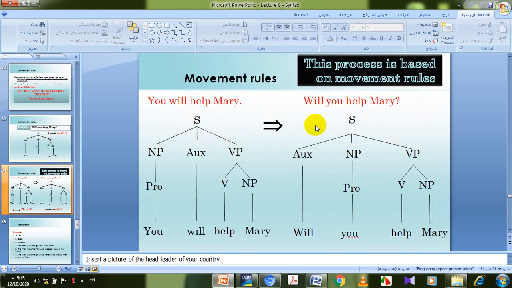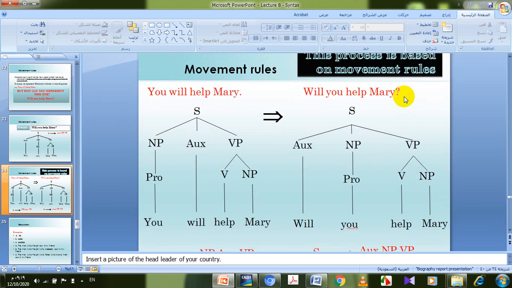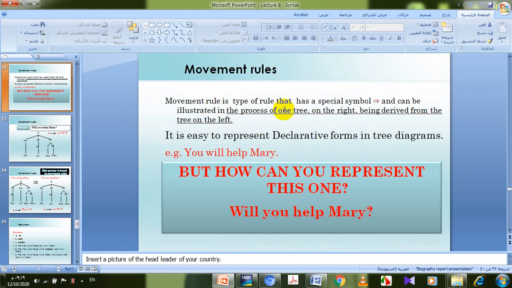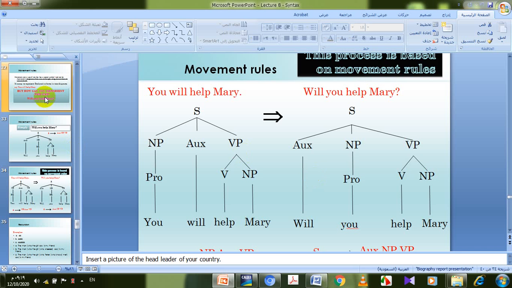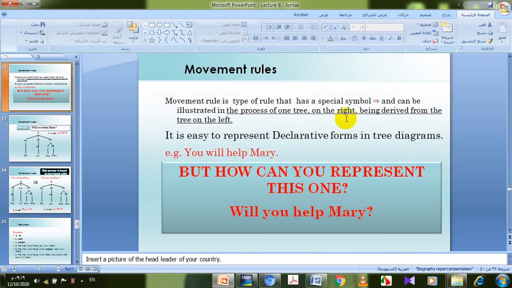So you see, movement rule. Will you help Mary? This process is based on movement rule. Again, what is a movement rule? It is a type of rule that has a special symbol and can be illustrated in the process of having a tree on the right being derived from a tree on the left.